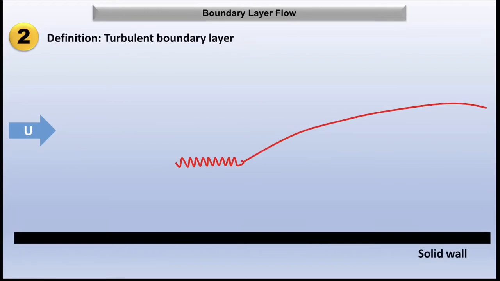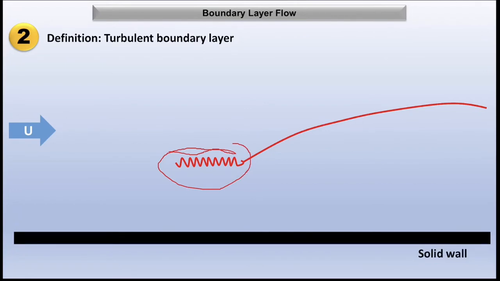If the length of the plate is more than the distance x that we just calculated, the thickness of the boundary layer will go on increasing in the downstream direction. Then the laminar boundary layer becomes unstable. Here you can see the boundary layer becoming unstable in this region.